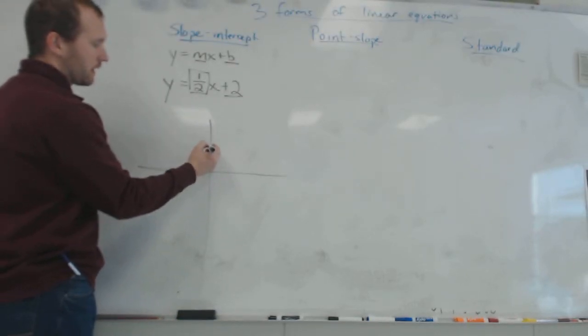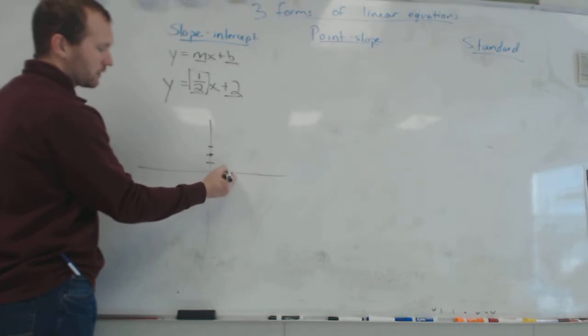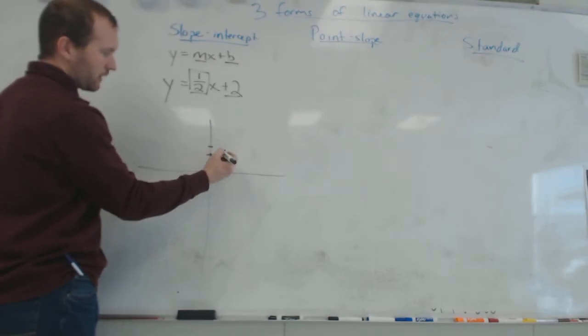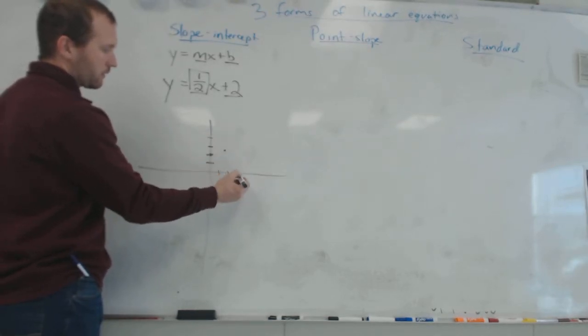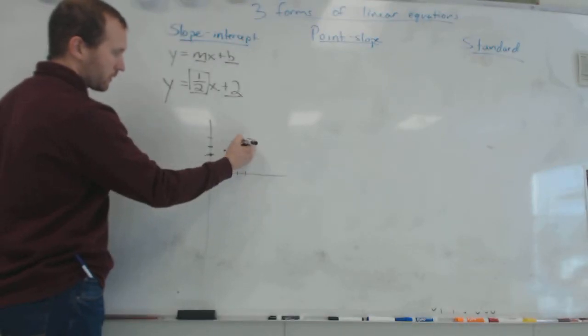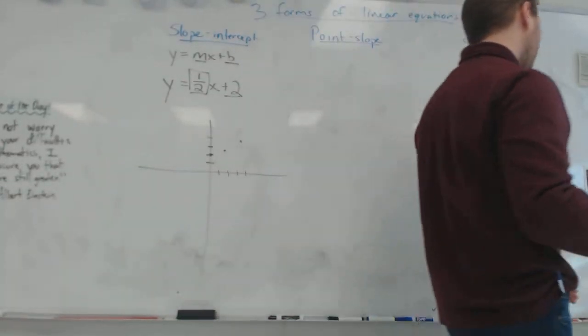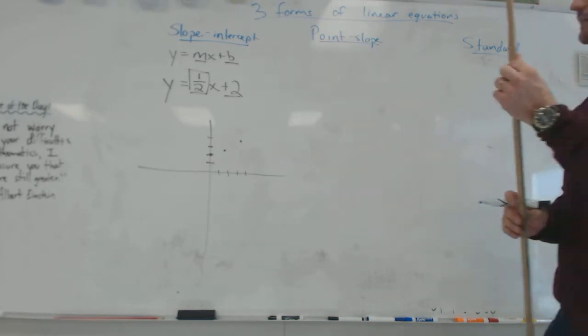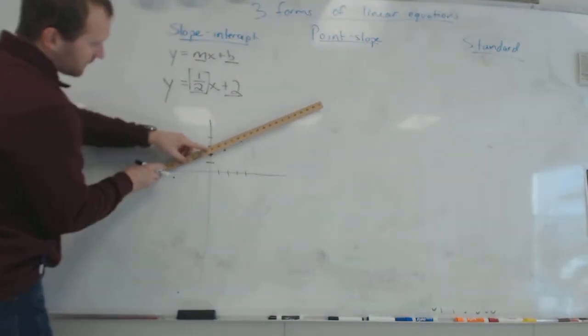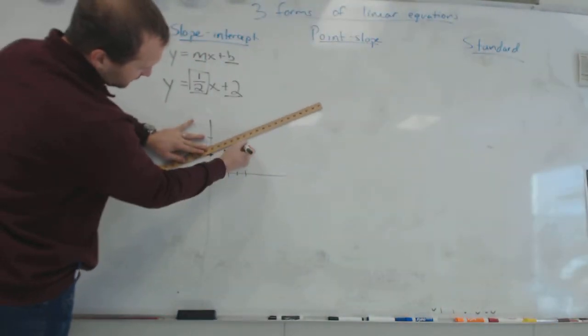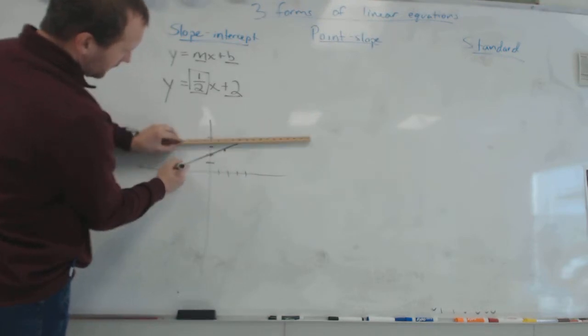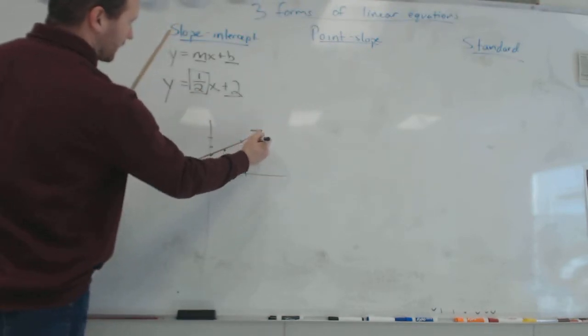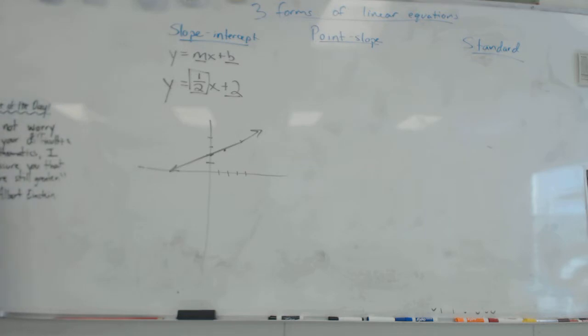So I'm going to go up 1 and over 2 and put a point, and then go up 1 and over 2 more and put a point there. And assuming I did that nicely enough, which I almost did, those will all line up on one nice straight line. They use the yardstick. That's the reason we don't hold them, make one.